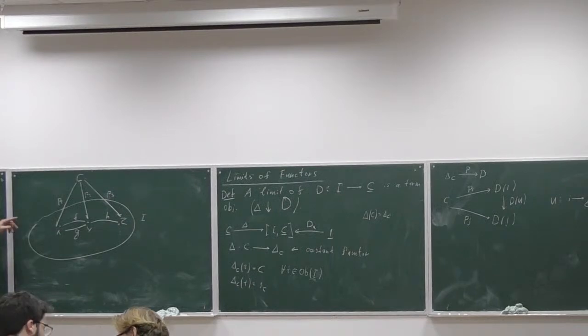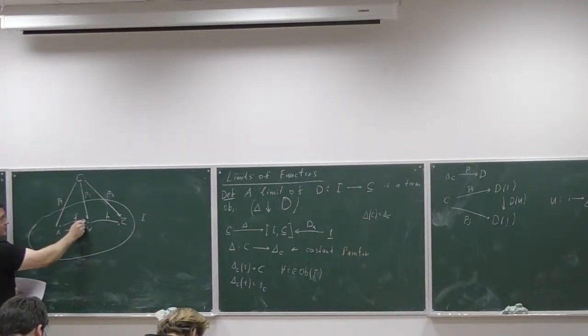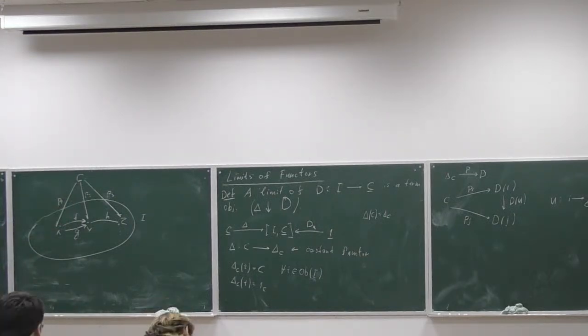And for all these projections, whenever it makes sense to consider a triangle, for example here, this triangle has to be a commutative triangle. That's the last condition on the previous whiteboard. That's the limit. So, some diagram.